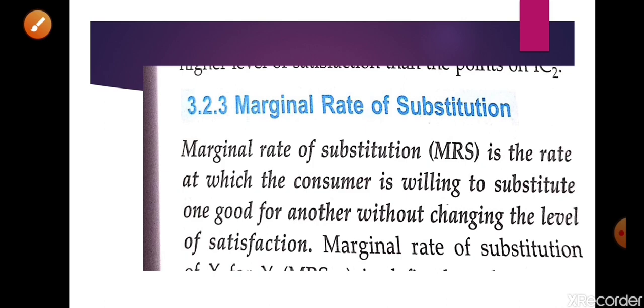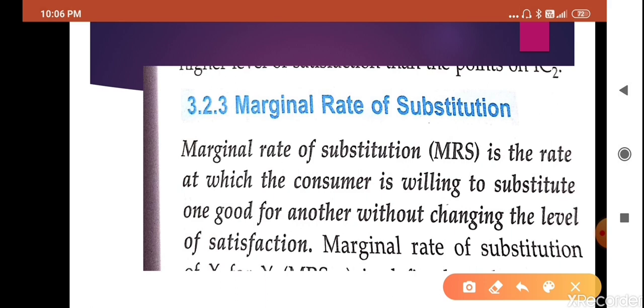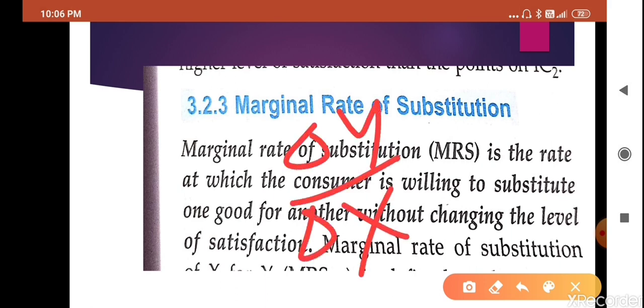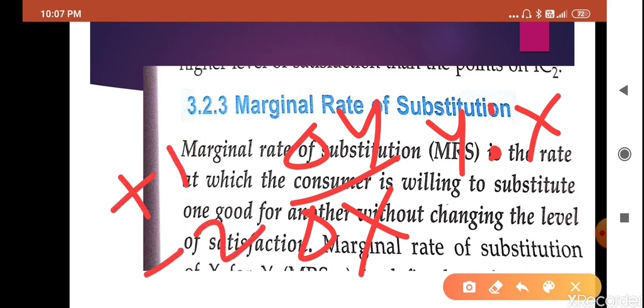Marginal rate of substitution, I have already told you, is delta y upon delta x, means the ratio between y and x is known as the marginal rate of substitution. So once again I am telling you that for increasing an additional unit of x, whatever sacrifice you are giving in additional units of y, that is known as marginal rate of substitution.